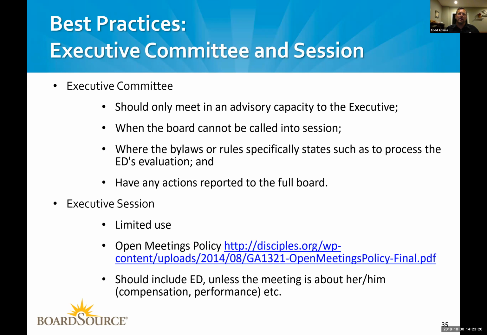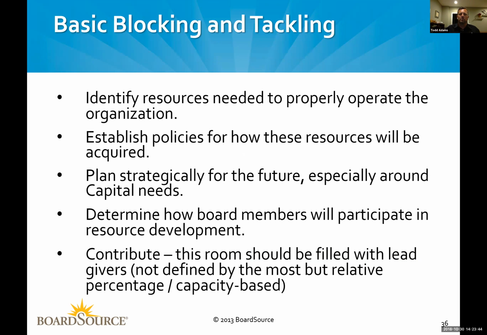And the reason I suggest that you have it, even if you don't use it, is someday you'll need it, and you don't want it to seem like you're ducking and covering by going into executive session. Also, the General Assembly has given some really good guidelines on open meeting policies and when you should go into executive session, what should be included, and I've included a link here to that. You can find that reference point on disciples.org, and that was approved by the Orlando General Assembly in 2013.